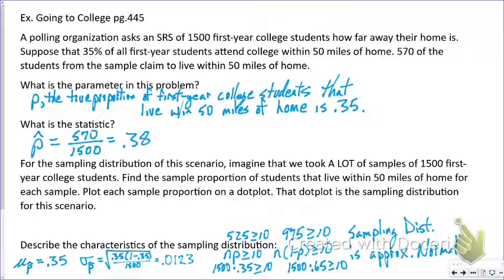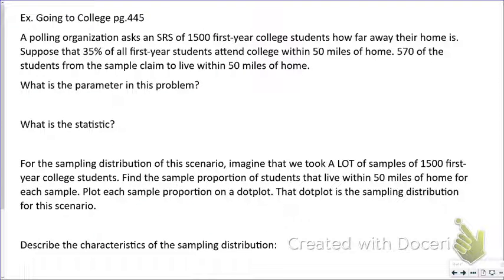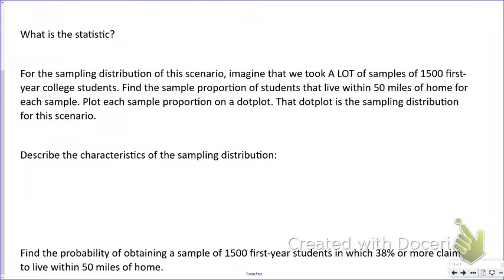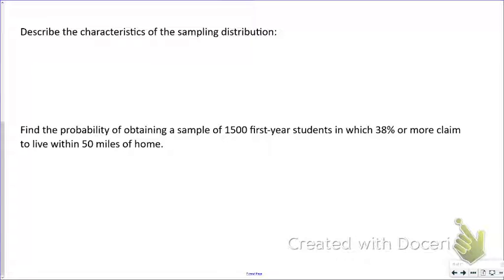All right, let's actually solve a question. We're just talking about this thing. There's an actual question, and that is, find the probability of obtaining a sample of 1,500 in which 38% or more claim to live within 50 miles of home. So a second ago, we wrote this down. We know this.